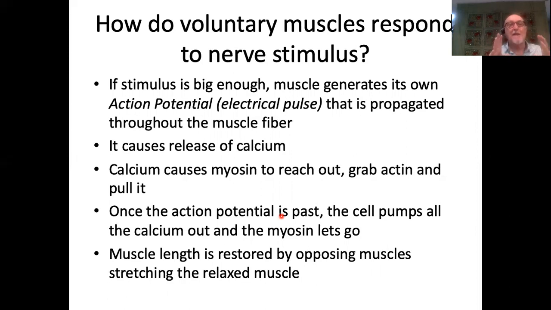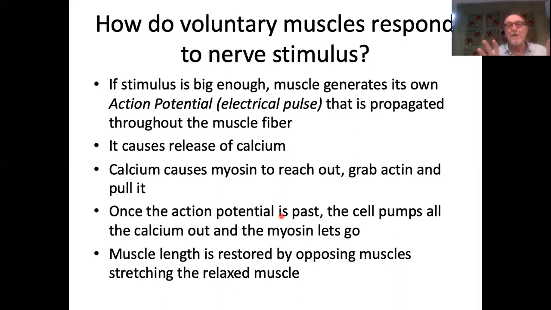The sarcoplasmic reticulum, endoplasmic reticulum, it's just got another name because it's in muscle cells, is specialized because it stores calcium, and when an action potential comes, it releases calcium into the muscle cell, and then immediately begins to pump it back in again. It doesn't want calcium lying around inside that cell.